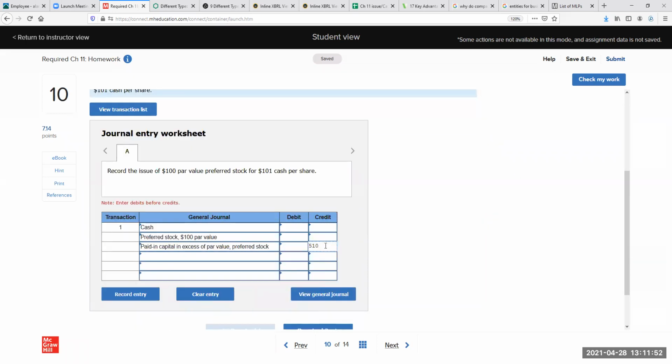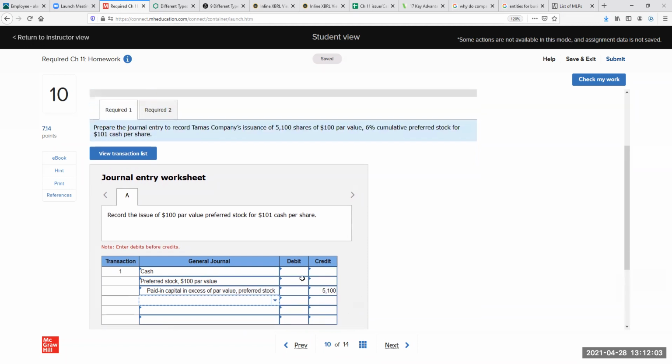So $1 times 5,100 shares. And over here, it's 5,100 shares times $101. So 51,510, and that 5,100 shares is 51,000.